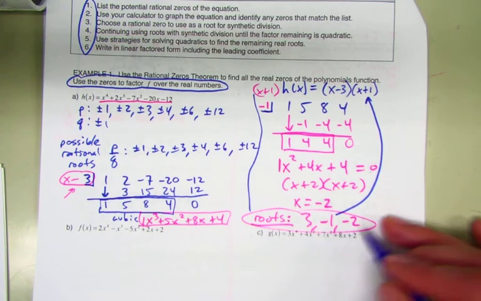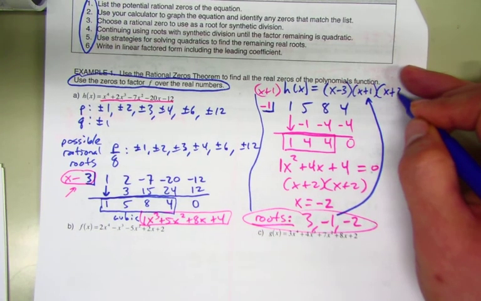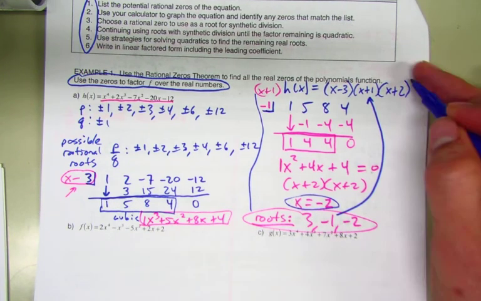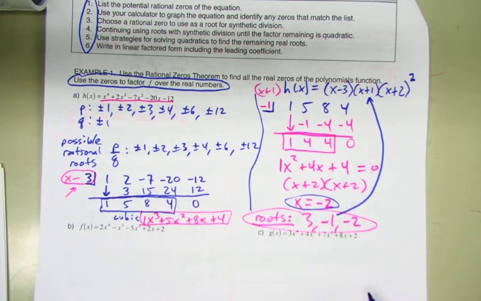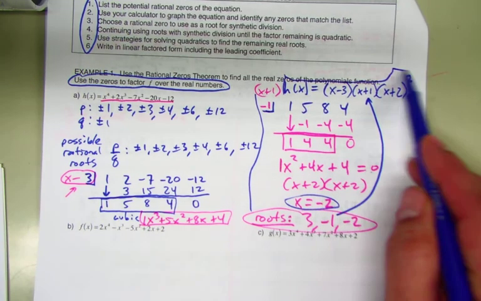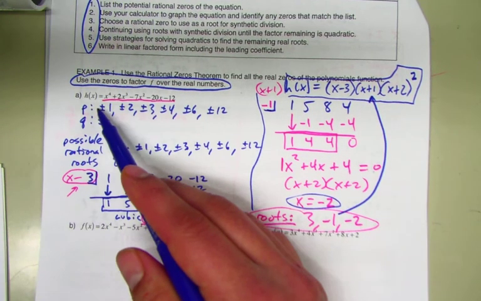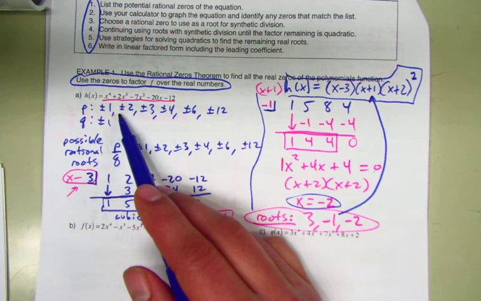Negative 2 is a root, but remember that this had a multiplicity of 2, so that's going to be squared. Okay? So we're using the rational root theorem to find all the roots, and also now we can factor these degree 4 polynomials that we don't really have a way of factoring.